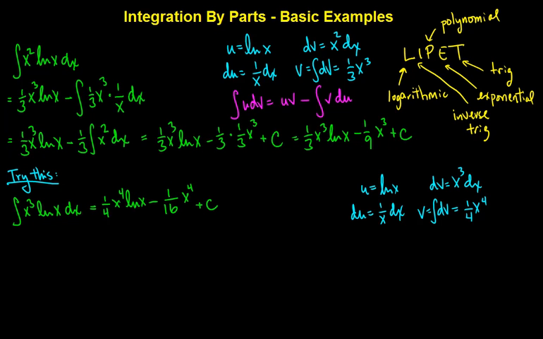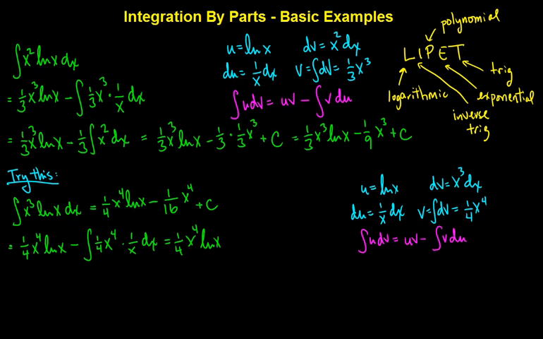Now, putting it all together, we know that the integral of x cubed ln of x dx is equal to uv, which is 1/4 x to the fourth ln of x, minus the integral of v du, which is 1/4 x to the fourth, and du is 1 over x dx. We can simplify that. We get 1/4 x to the fourth ln of x minus 1/4 the integral of x to the third dx.